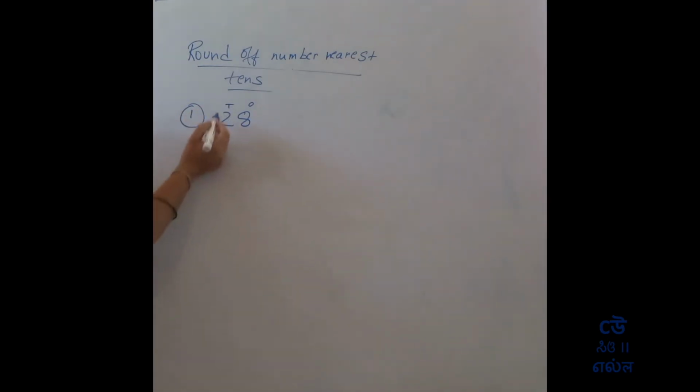So what should we do? We have to circle the tens place value. Next, the right side to tens place value is what? Ones place value. Right?